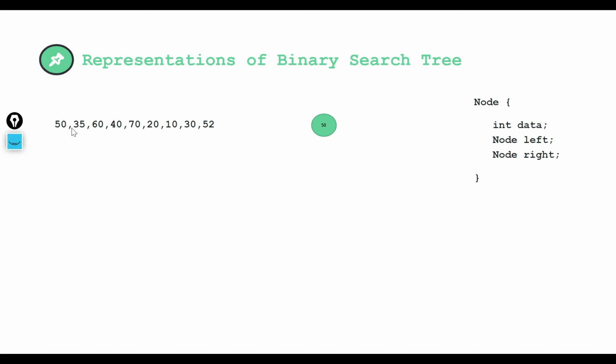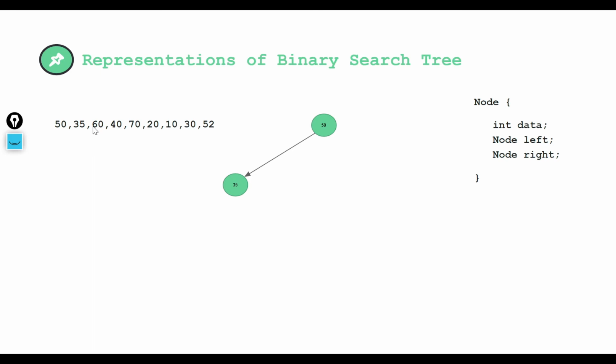The next element which we are going to add is 35. Before adding 35 into the binary search tree, we'll compare this 35 with the value of the root node, and if it is less than, we'll keep it to the left hand side, else we'll keep it to the right hand side of the root node. Let's see whether it goes to the left hand side or right hand side. 35 is lesser than 50, so definitely it will go to the left side of the root node.